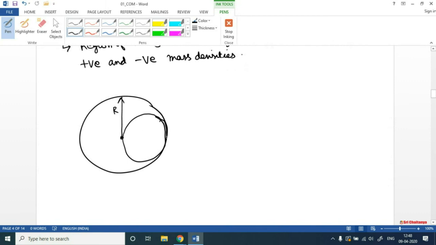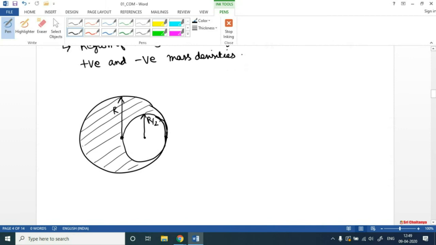Okay, this is the geometry of this cavity, and its radius is obviously r by 2, because in the diagram itself you can see that its diameter is the radius of this larger sphere. So I mean to say, this sphere has mass distributed all over it except the region where there is a cavity.